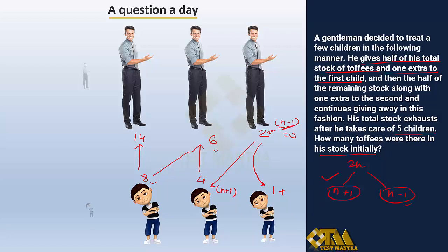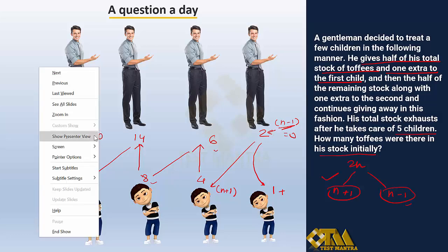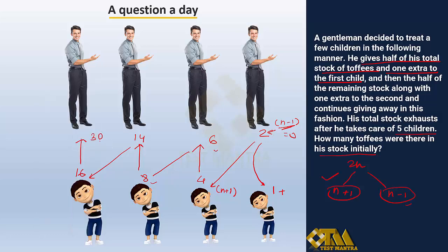So now according to this, if this is 14, this boy should have 16 chocolates. That represents this person should have altogether 30 chocolates available here. 30 chocolates should be there, right? So that he would have given 15 plus 1 and left with 14 chocolates, right?